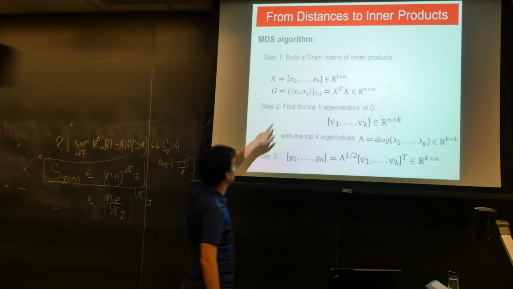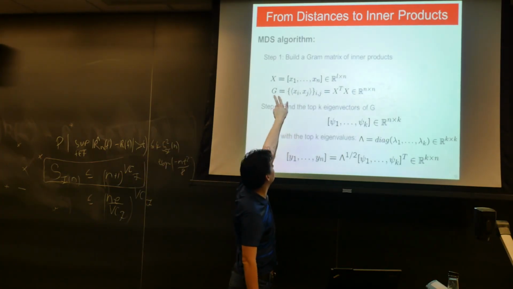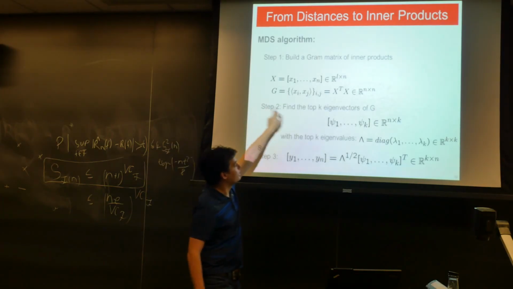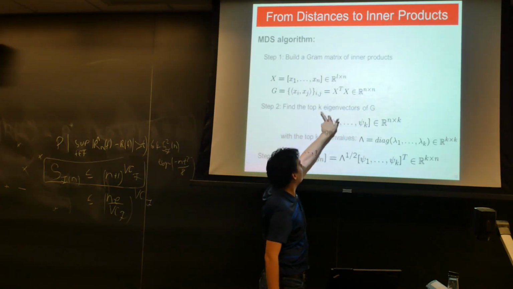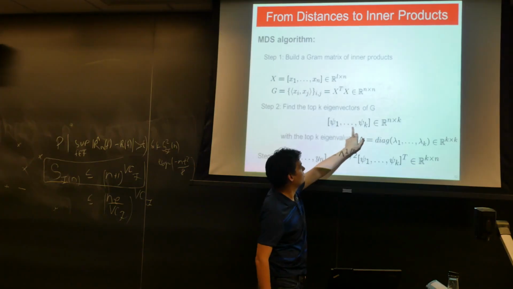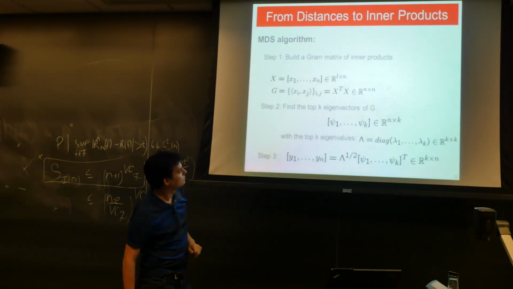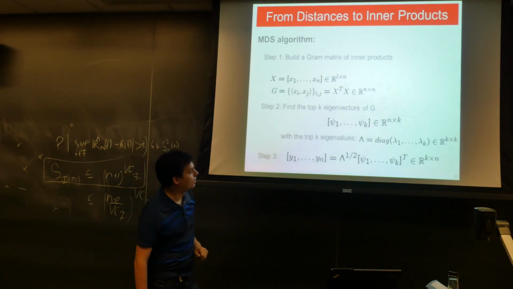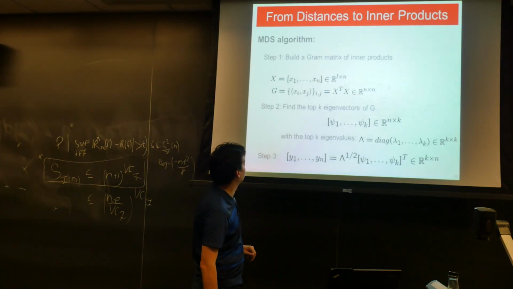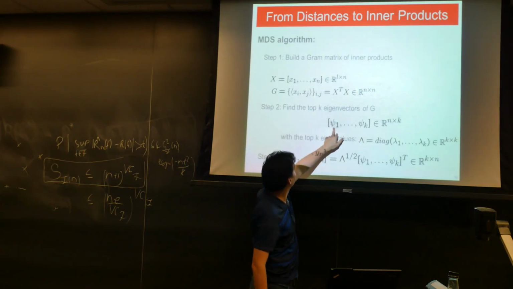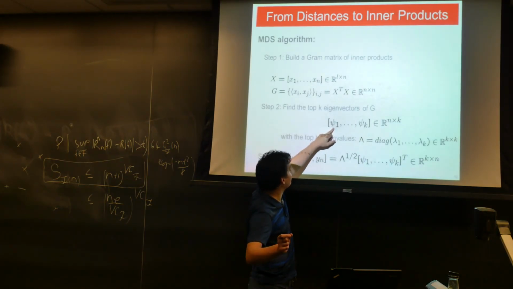So you calculate these inner products. In other words, you calculate this Gram matrix. In this Gram matrix, you calculate the top k eigenvectors. These are psi1, psi2, ..., psi_k. So you are in an n-dimensional space.